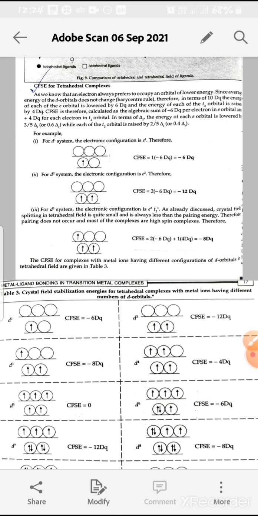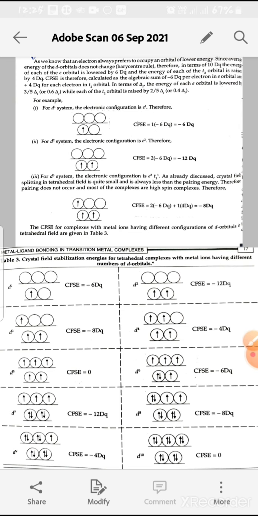Similarly for d4, the next electron goes into t2, then d5, then d6, then pairing, d7, again pairing, d8, the electron goes into the upper t2 set, then d9, d10. Because tetrahedral complexes form high spin, there will be no pairing of electrons. So these are the crystal field stabilization energies for tetrahedral complexes.